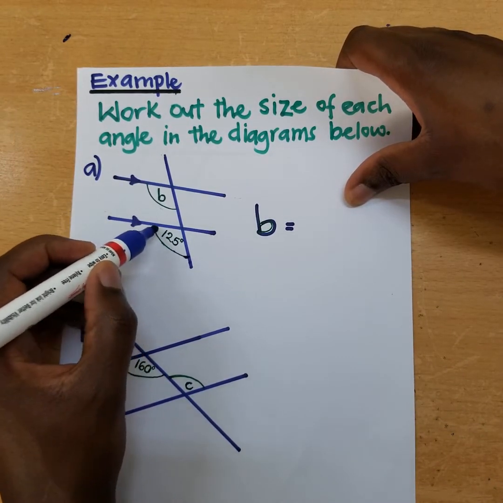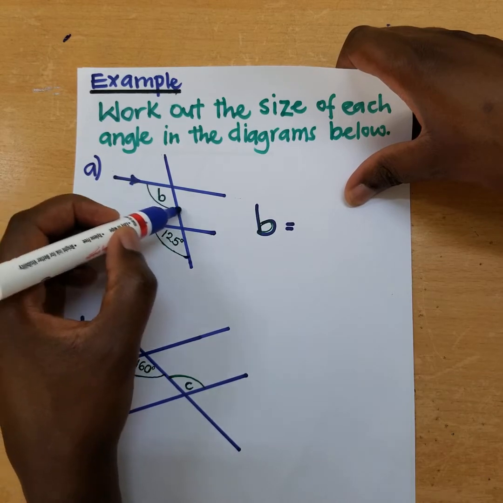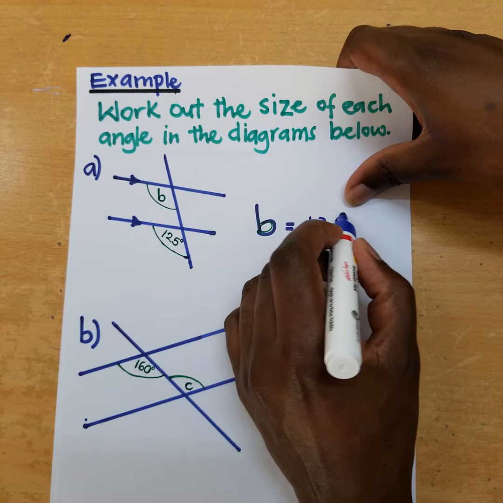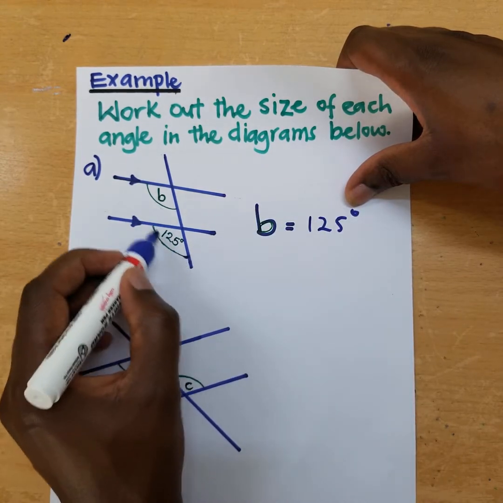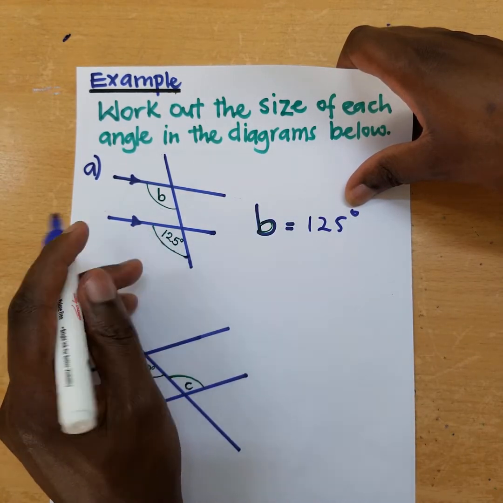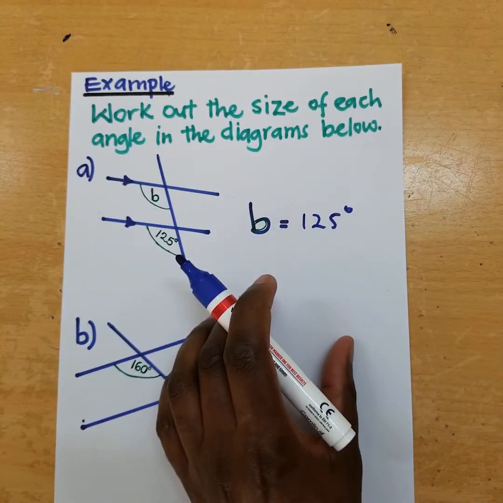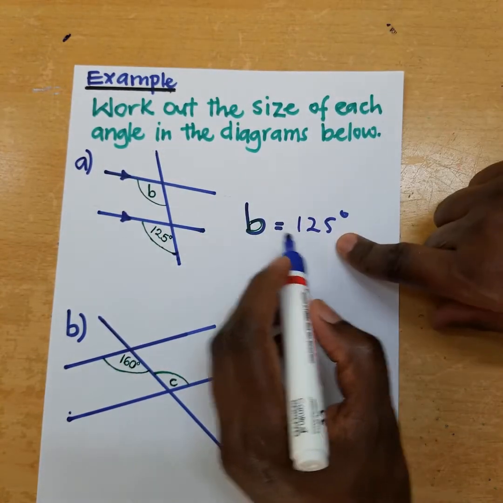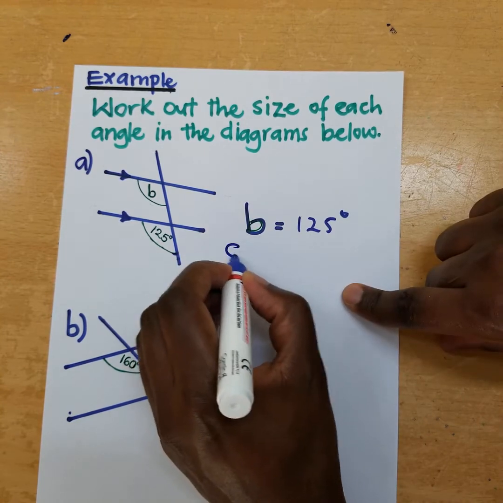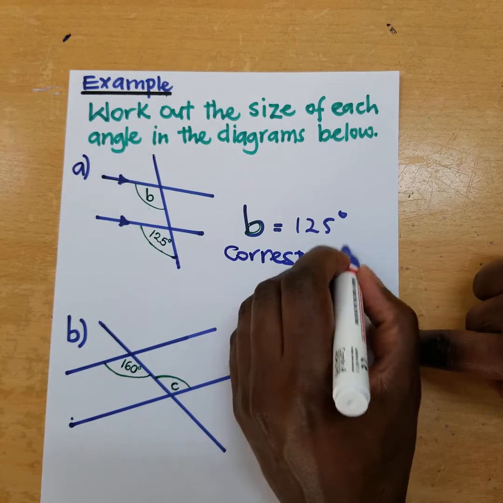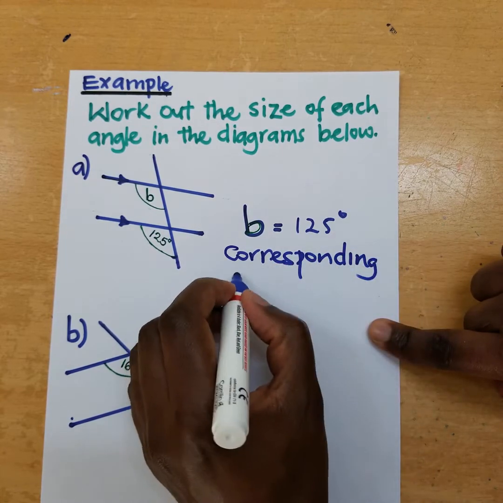This angle down here will be the same as the angle down here. So B will be equal to 125 degrees because this angle here is 125. B is 125 because of corresponding angles.